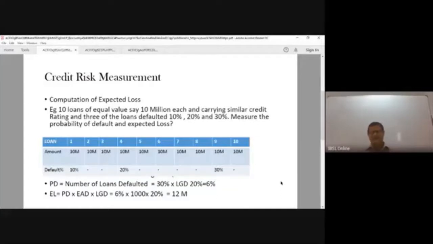Then we said one side of the coin is credit management, the other side of the coin is credit risk management. Under credit risk management, the first item is risk identification. Then we said we have to move on to risk measurement, where risk measurement is a computation of the expected loss of a loan.